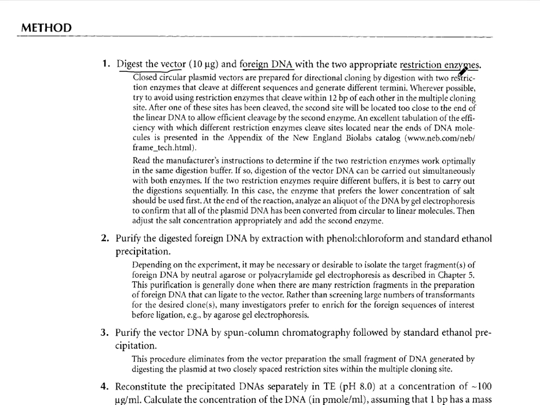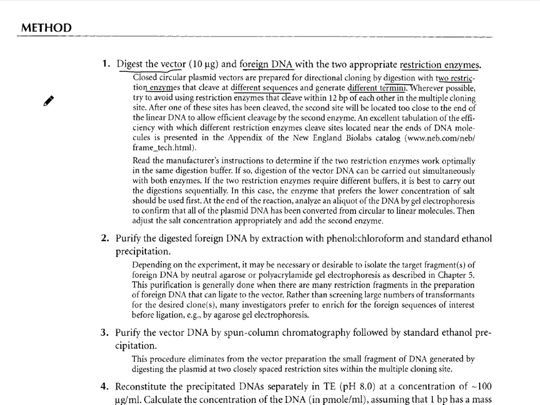Whichever restriction site is there in the target DNA or vector, we will digest it with that appropriate restriction enzyme. Closed circular plasmid vectors are prepared for directional cloning by digestion with two restriction enzymes which will cleave different sequences. If you use two different restriction enzymes, different sequences will be cleaved and it will generate different termini.